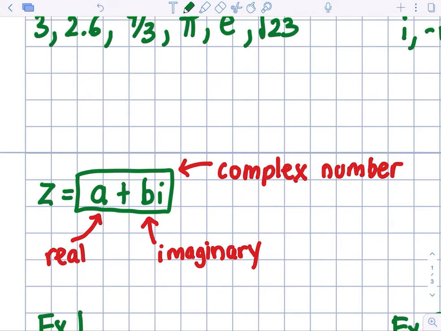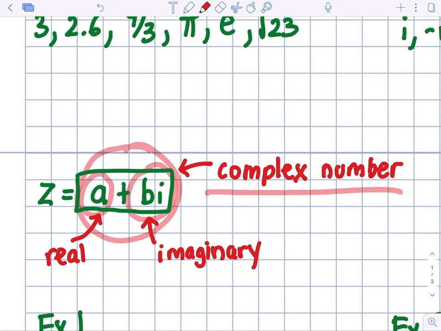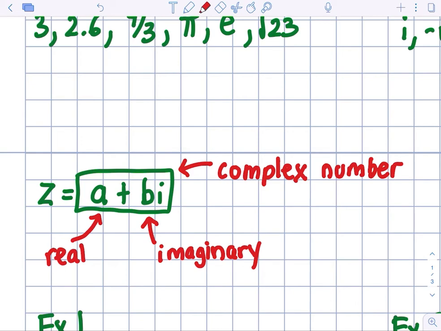So when we combine real numbers with imaginary, this whole thing is called a complex number, okay? Complex numbers are real and imaginary together. Well, they can also be apart, but this whole thing is a complex number.